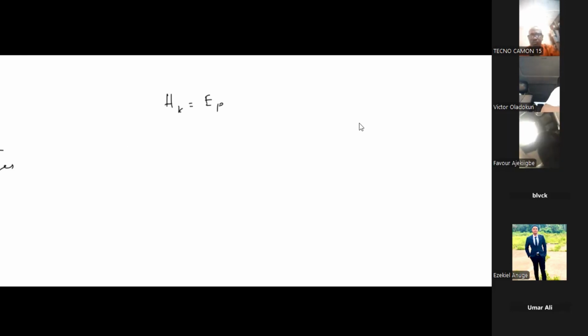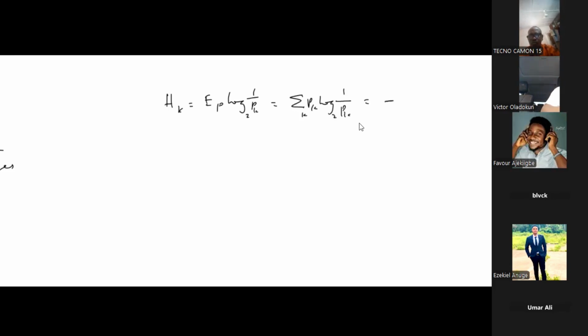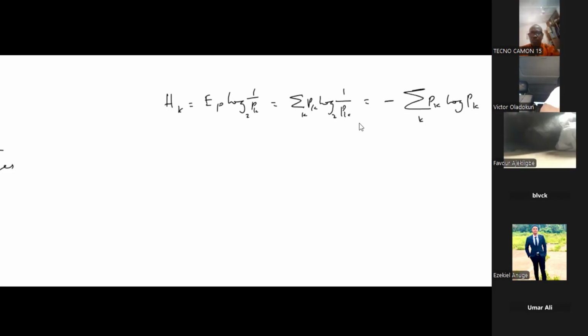So H sub k is the same as the expected value of the information log 1 over p sub k base 2, which is the same as sigma p sub k log 1 over p sub k base 2, which is the same as negative sigma k p sub k log p sub k base 2, right? So this is literally the formulation, base 2.